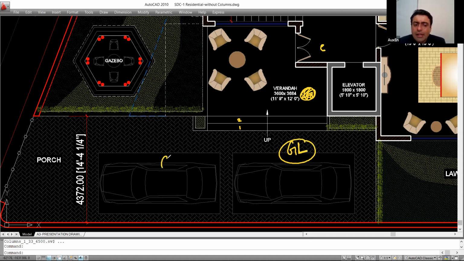If this porch area was my ground level, I would like to have my building slightly raised. We call this the plinth level. What is the technical name for this? We will call this the plinth level, plinth. And this I will call the ground level, or I will use another term, finished ground level. Okay.